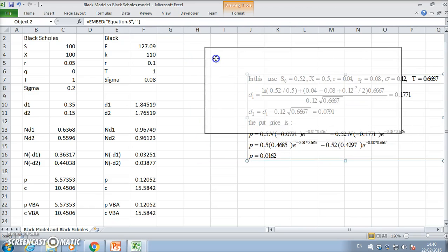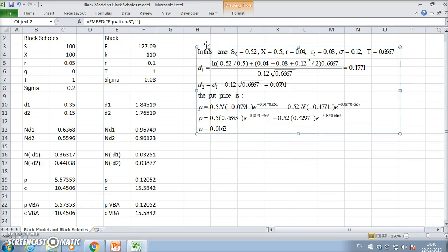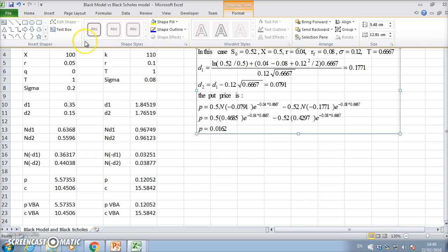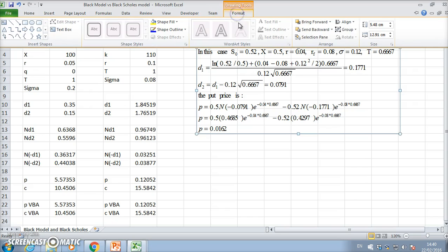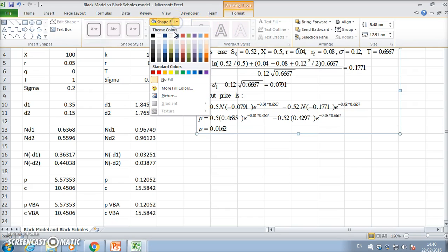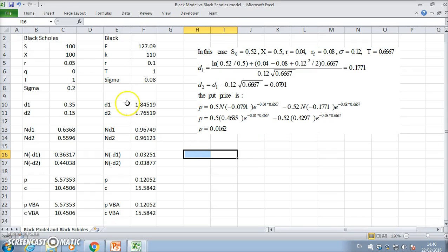Okay, let me redimension this a little bit and pull out and format. So we have values of 0.52. The exercise price is 0.5. The risk-free rate in the local currency is 4%.